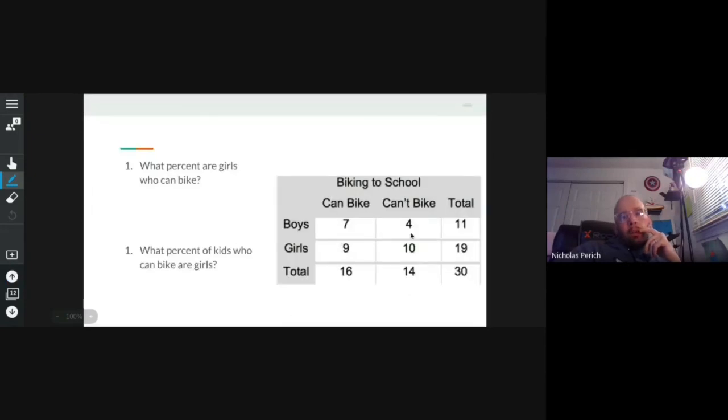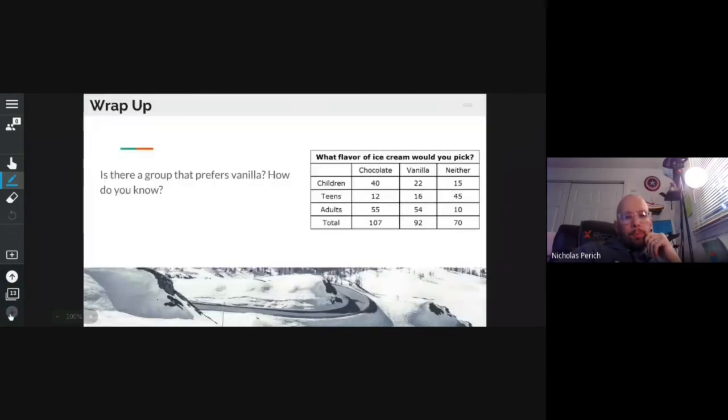So, as much as I would like to do this one, we're out of time. What flavor of ice cream would you pick? Chocolate, vanilla, or neither? And children were asked, teens were asked, adults were asked. Is there a group that prefers vanilla? How do you know?